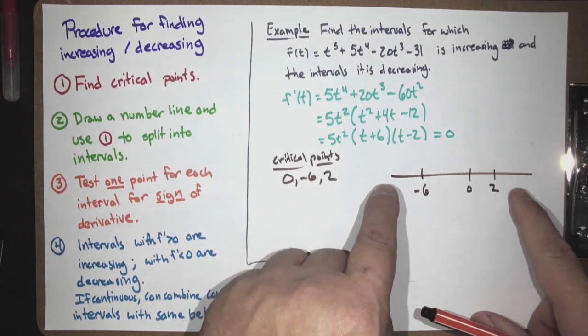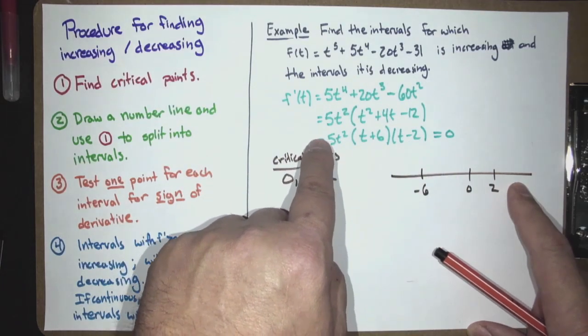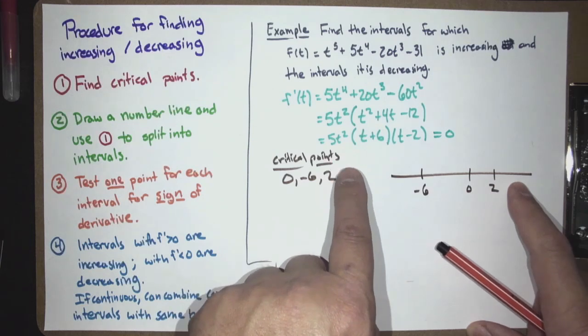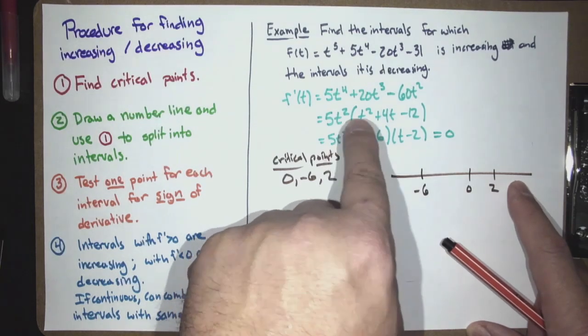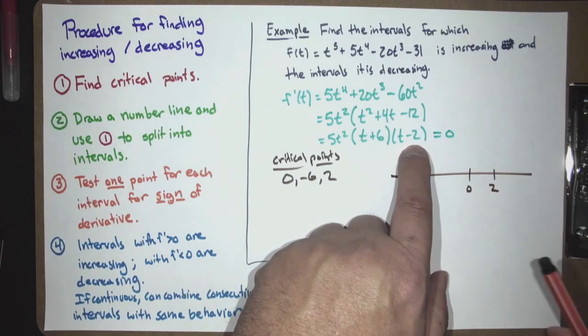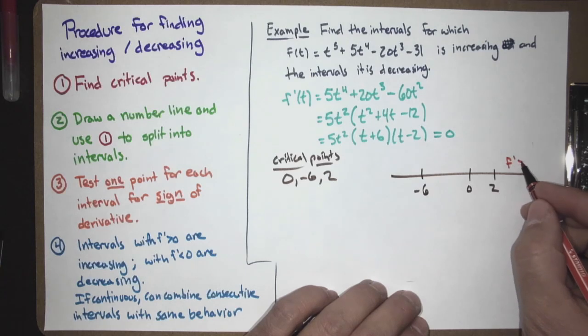Okay, so plug in 3. I often find it's easier to plug into the factored part because I pay attention to the sign. So for 3, we have positive, positive, positive, all together positive. So f prime is positive.